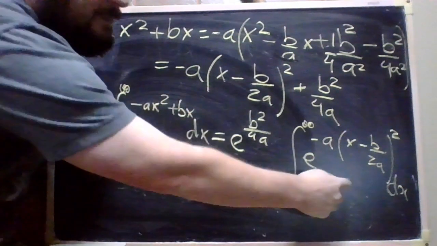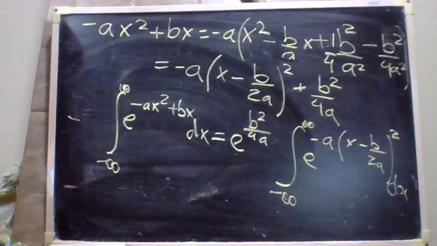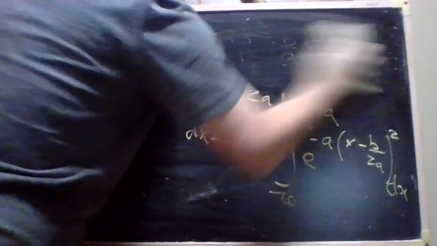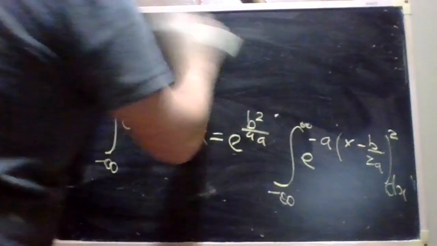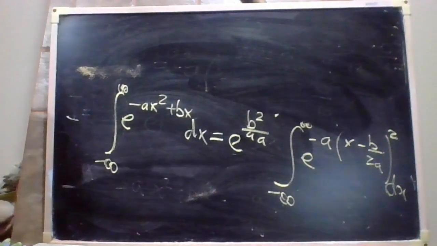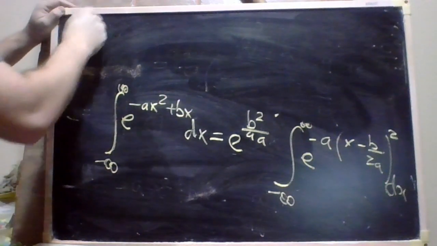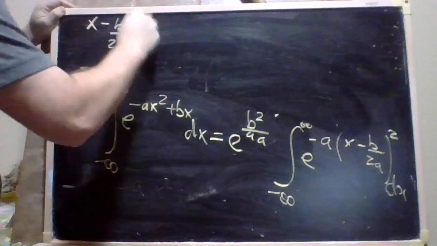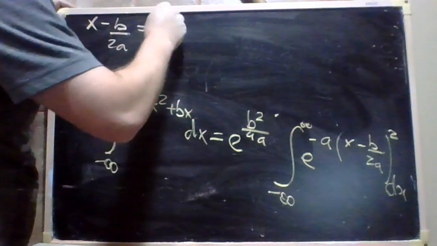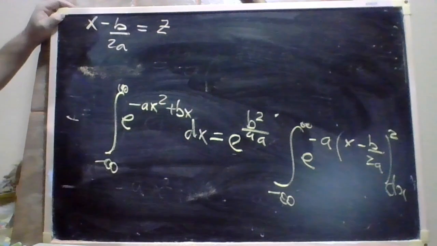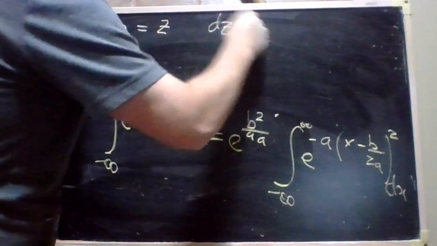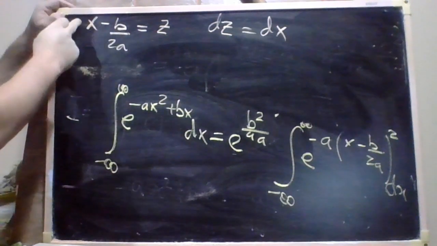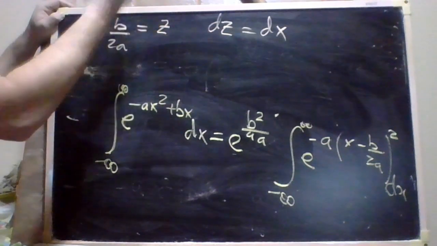But now you can change variable again. Observe that we can now make the following change. x minus b over 2a is equal to, say, the variable z, and dz is equal to dx because the differential of this thing is just the differential of x, the differential of a constant is 0.